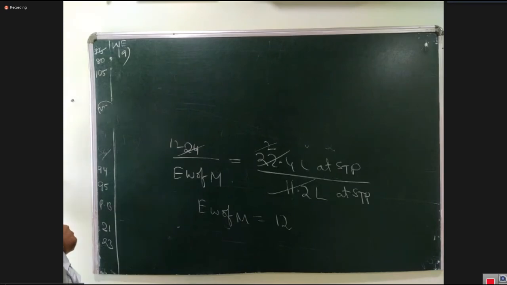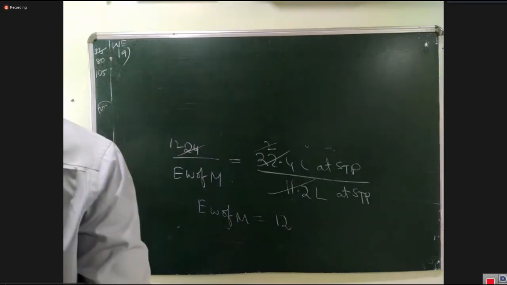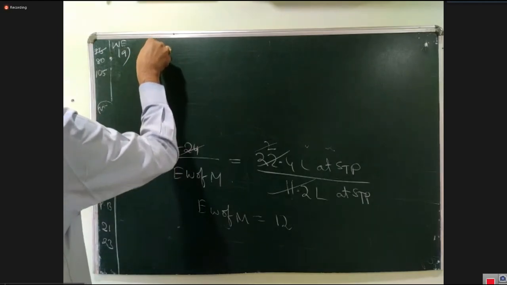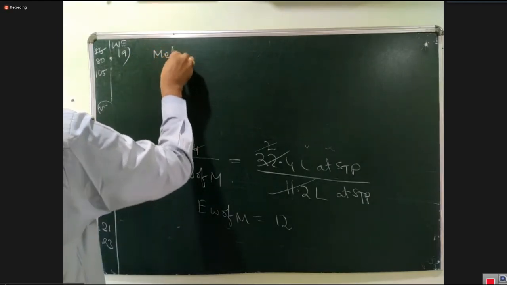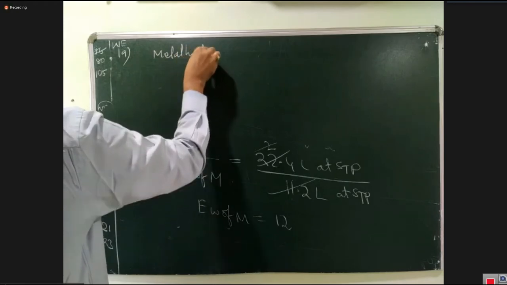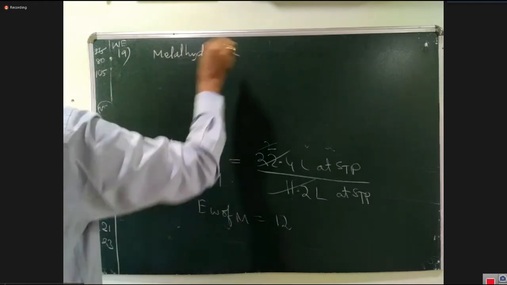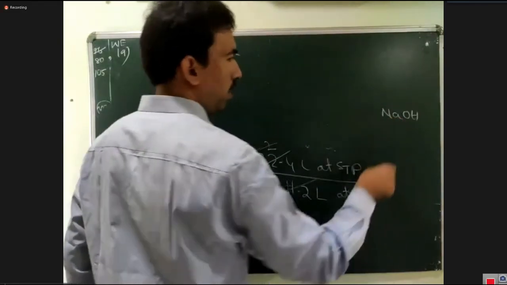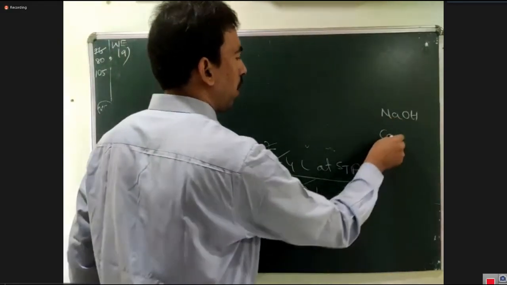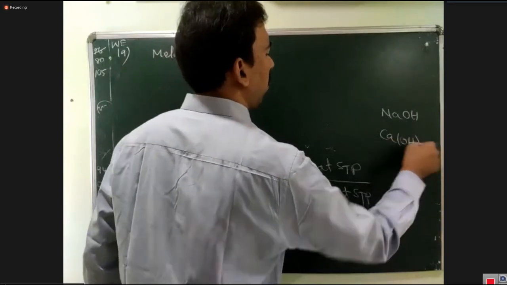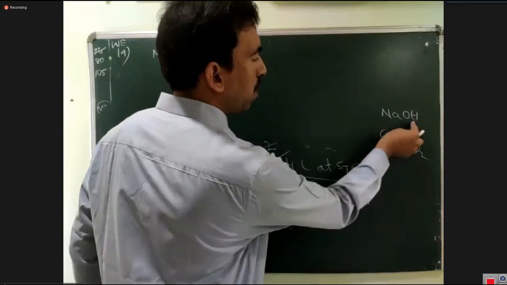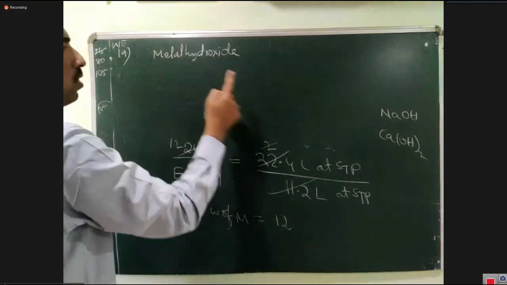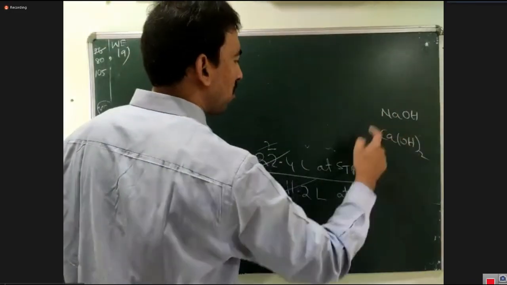Hydroxide of a metal means metal hydroxide, like hydroxide of sodium means sodium hydroxide, hydroxide of calcium means calcium hydroxide, barium hydroxide.